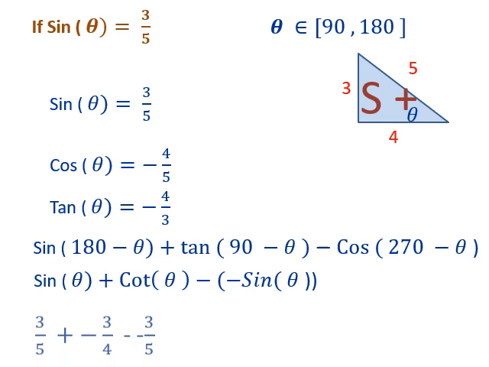Finally, I can substitute sine theta: 3 over 5 plus 4 over 3 minus negative 3 over 5. That will finally be equal to 1247 over 780.